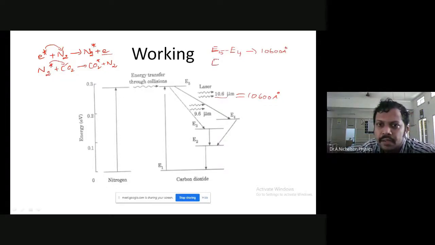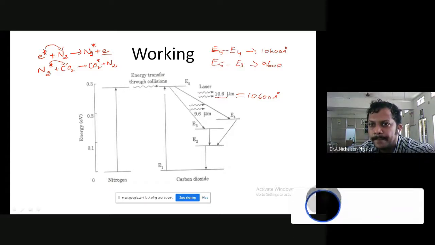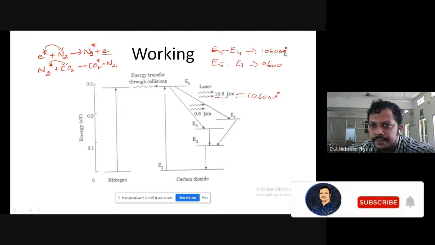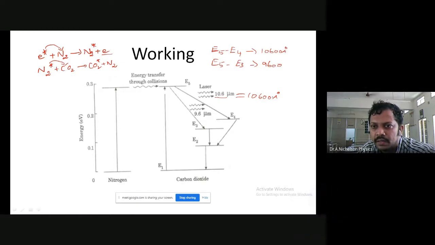Then E5 to E3, 9,600 angstrom. Here micro means 10⁻⁶.